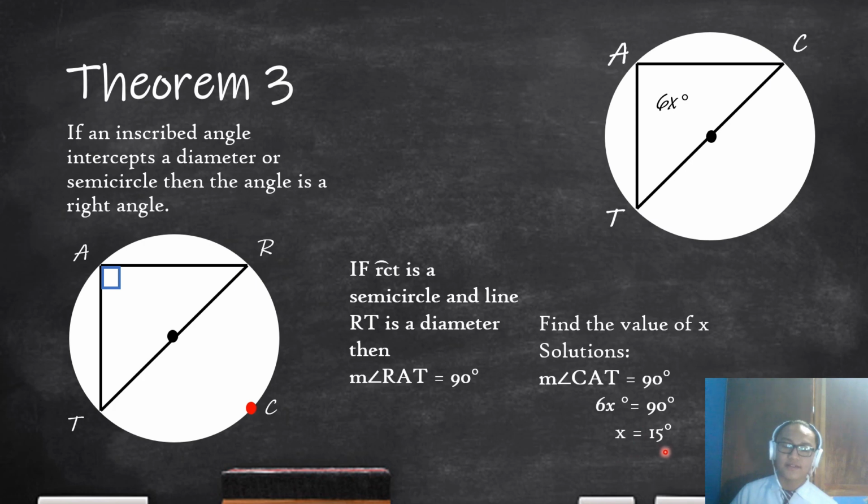Then dividing 90 by 6, x equals 15 degrees. So therefore our value of x would be 15 degrees. Actually, this one is pretty easy because it doesn't have that many steps, and we will just have to find the value of x.